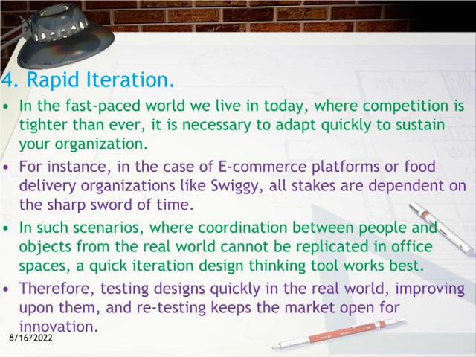In such scenarios, where coordination between people and objects from the real world cannot be replicated in office spaces, a quick iteration design thinking tool works best. Therefore, testing designs quickly in the real world, improving upon them, and retesting keeps the market open for innovation.